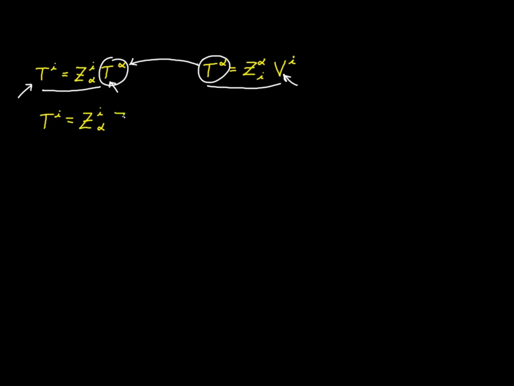So it's going to be Z alpha, and of course I cannot use I because it's already being used as a free index. So I have to use a different letter here. We'll use J.